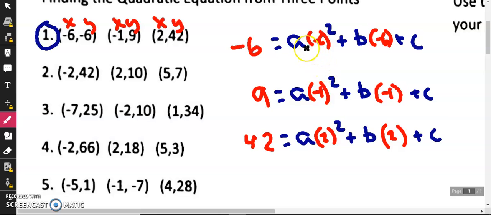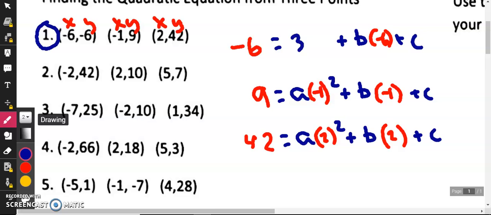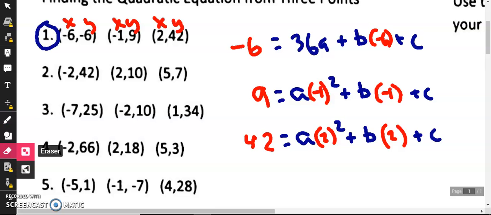So I know -6 squared is going to give me 36. So I'm going to rewrite this as 36a. I know that b times -6 is just a -6b.